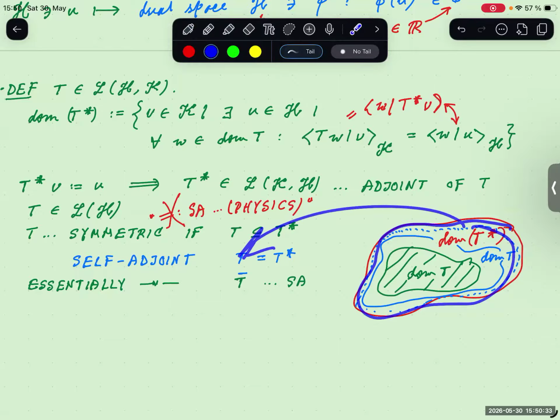And then this is called self-adjoint. Okay. So I hope at the beginning there was the real question of why we are considering the domain. Without the domain, we cannot define a self-adjoint operator. It's just not possible. It's not mathematical sophistication or mathematical jargon. Okay, it's simply not possible.